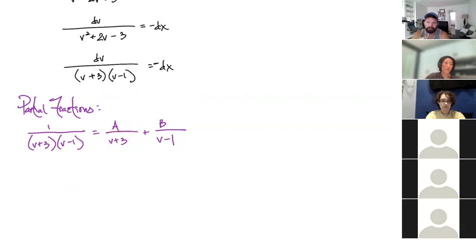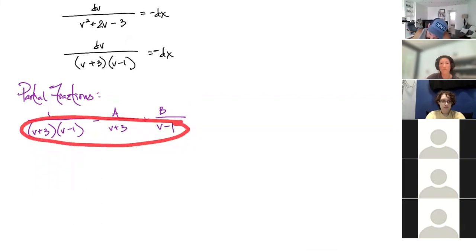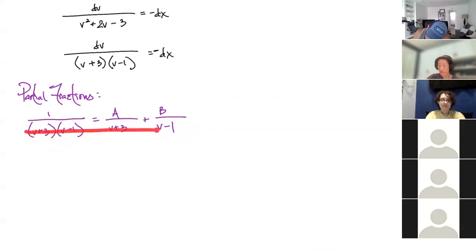So our denominator is linear, so our numerator will be a constant, okay? All right, so life is always easier with questions like this if the denominator on both sides is the same. Because if the denominator on both sides is the same, we can effectively not worry about them and only worry about the numerator. Okay.